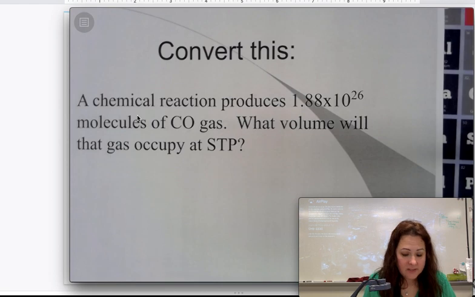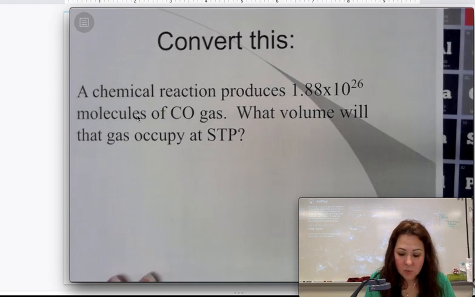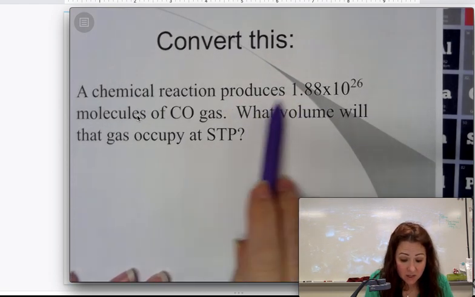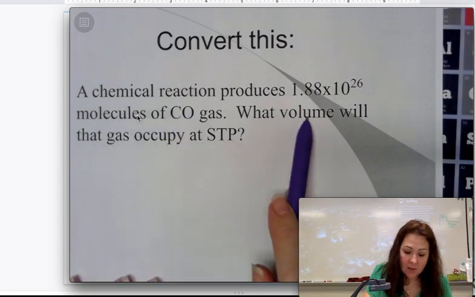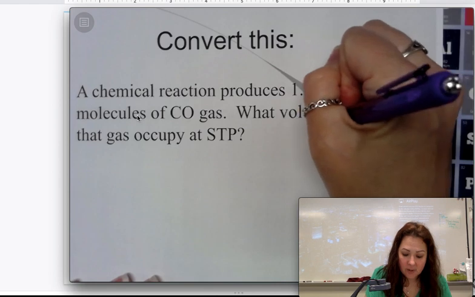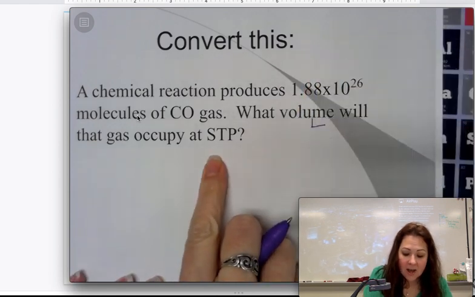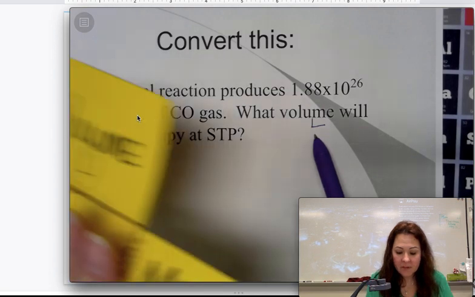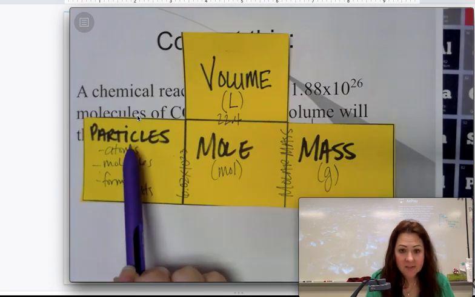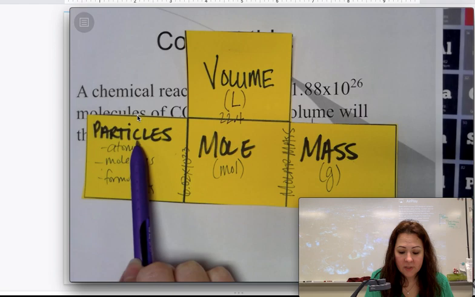This one, it says a chemical reaction produces 1.88 times 10 to the 26 molecules of carbon monoxide gas. What volume, so how many liters, will that gas occupy at STP? So I have molecules, I want liters. If I look at this one, I have molecules, that's a type of particle. I want liters.